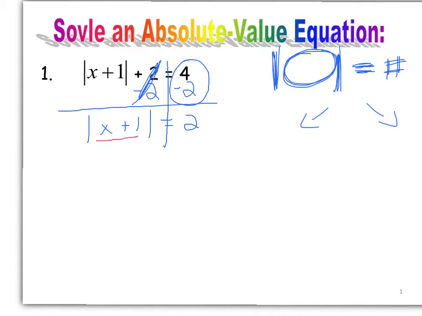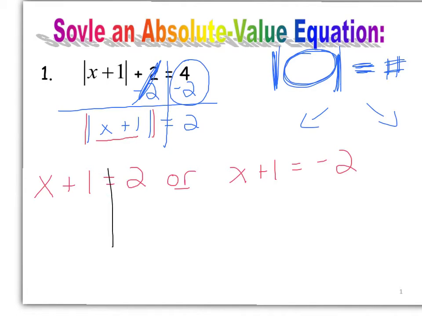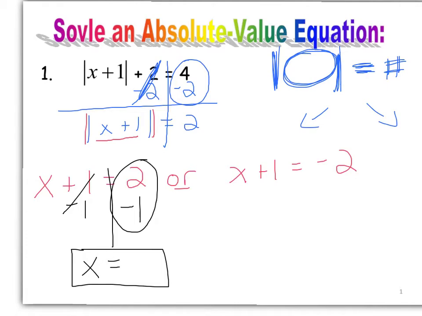We have this quantity, x plus 1, inside the absolute value. So we need to find the value of x that will make x plus 1 equal to 2, or x plus 1 equal to negative 2. Okay, and now we have these two equations and we can solve them to find our two solutions. So we need to get the x alone. We have to add the opposite, cancel out. 2 plus negative 1 is 1.